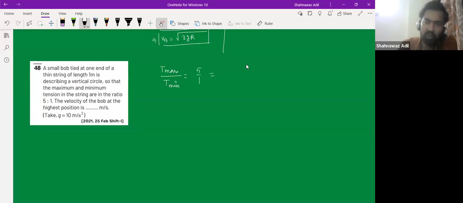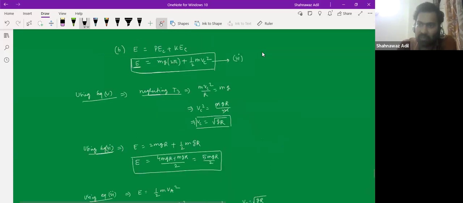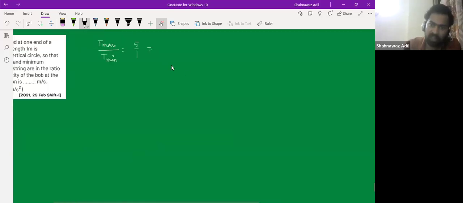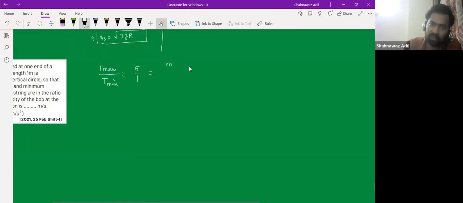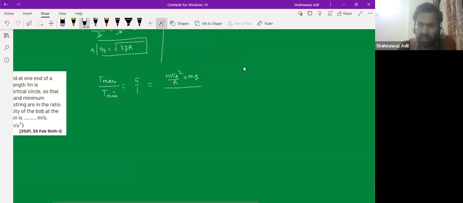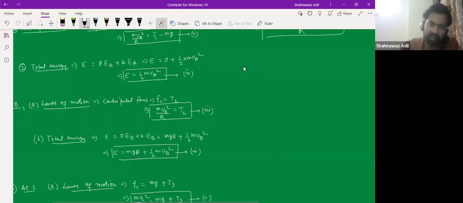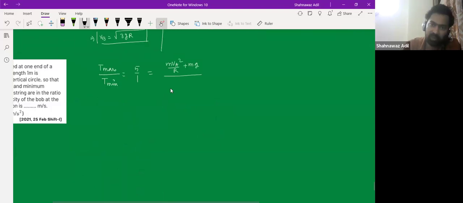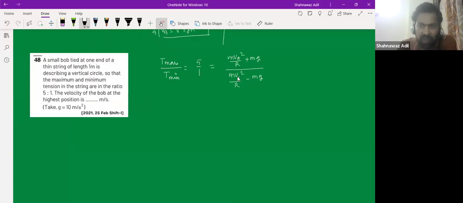And we know T max is mVA square by R plus mg, divided by T min, which is mVC square by R minus mg, right? We have to find out VC.